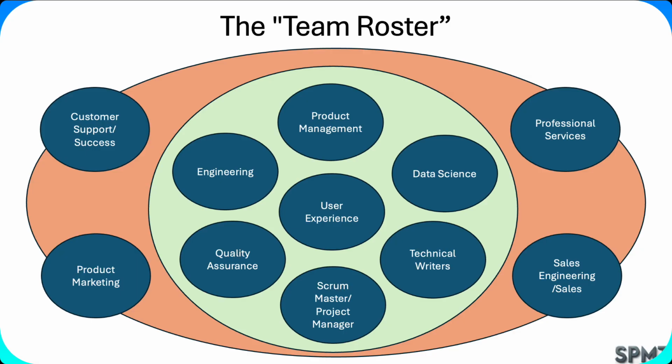What I've used in my career is really two sets of teams. We have an inner team shown here in green that's often referred to as a scrum team or a pod team, which is primarily your execution team: your product manager, your engineering, your data science, your QA, user experience, tech writers, scrum master, etc. But you also need to identify all those supporting people that are going to help you, especially if they're customer facing, like customer support, customer success, product marketing, professional services, engineering, and sales.